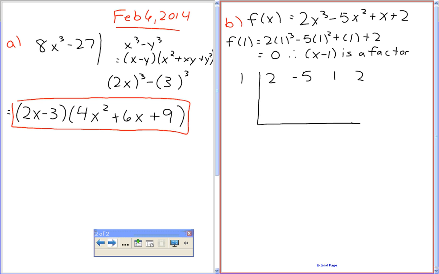First, you bring the leading coefficient down. Then you multiply that by the 1 on the side. Now, do you add these or subtract these? You add them. That's what I can never remember. This is a serious dilemma. I'm not joking around. -3.